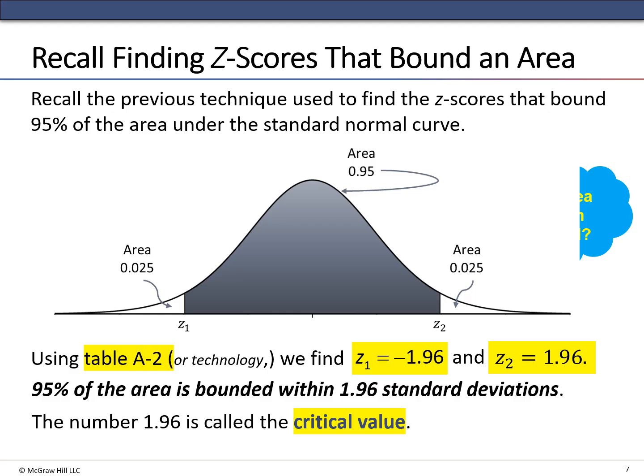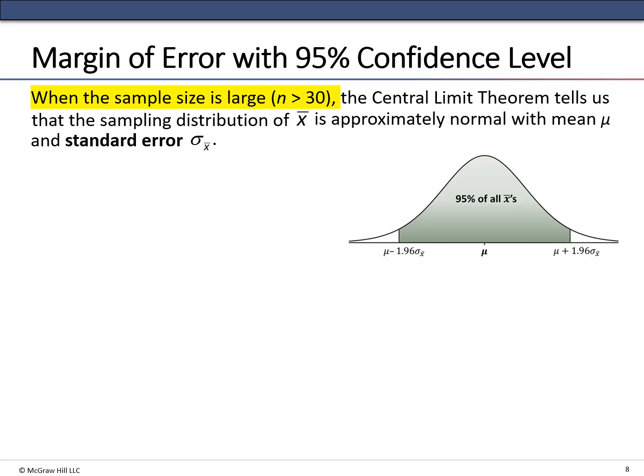This number is called the critical value. When the sample size is large, and specifically we're talking that it's greater than 30, the central limit theorem tells us that the sampling distribution of x bar is approximately normal with mean mu and standard error sigma sub x bar.